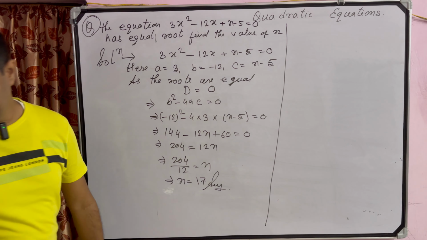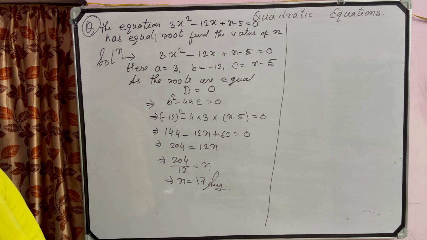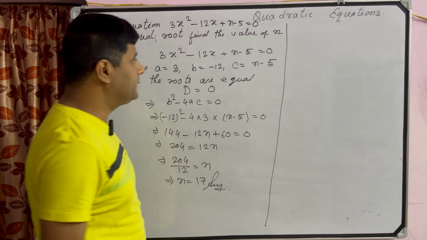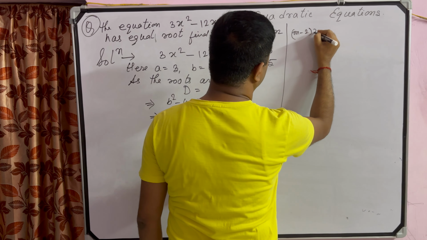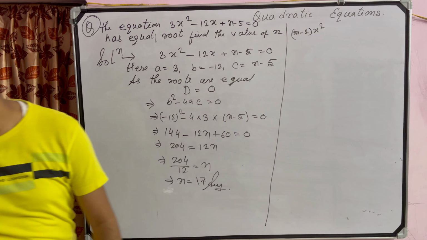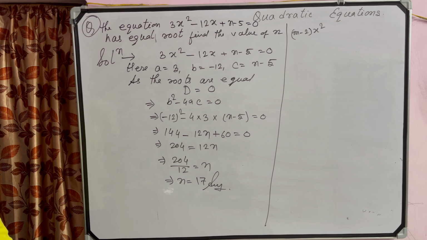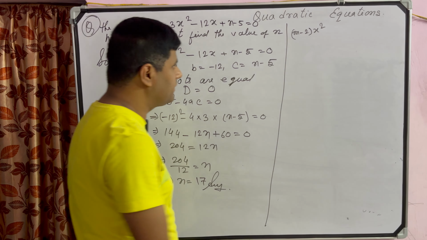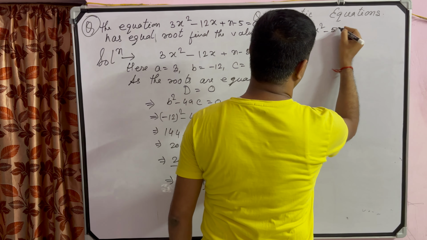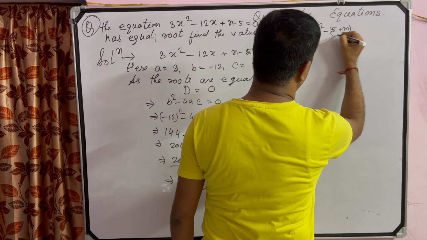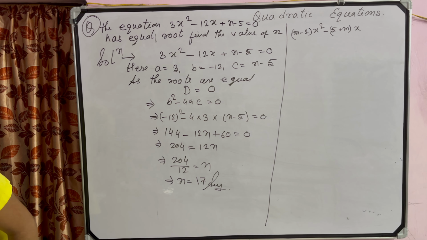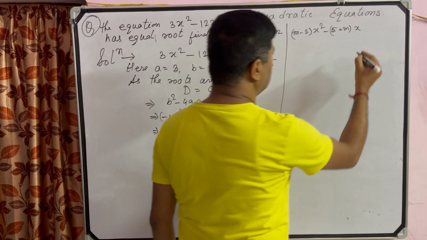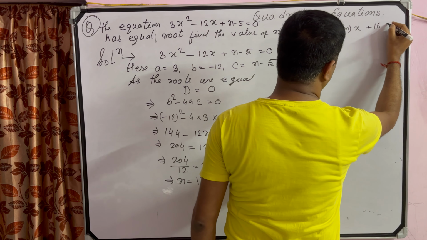Okay. Another question I can solve. m minus 2 into x square minus 5 plus m into x plus 16 equals to 0.